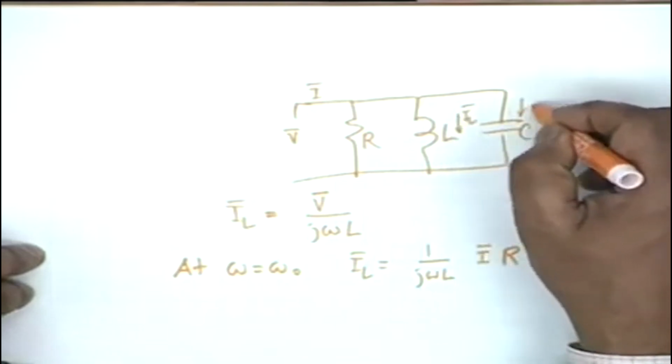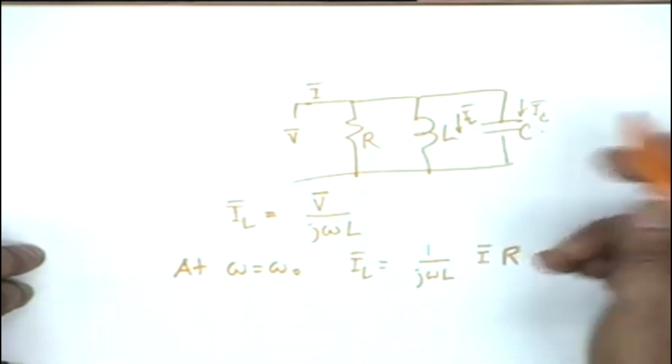There are two currents I sub L and I sub C, but one is equal and opposite to the other, so they cancel each other.